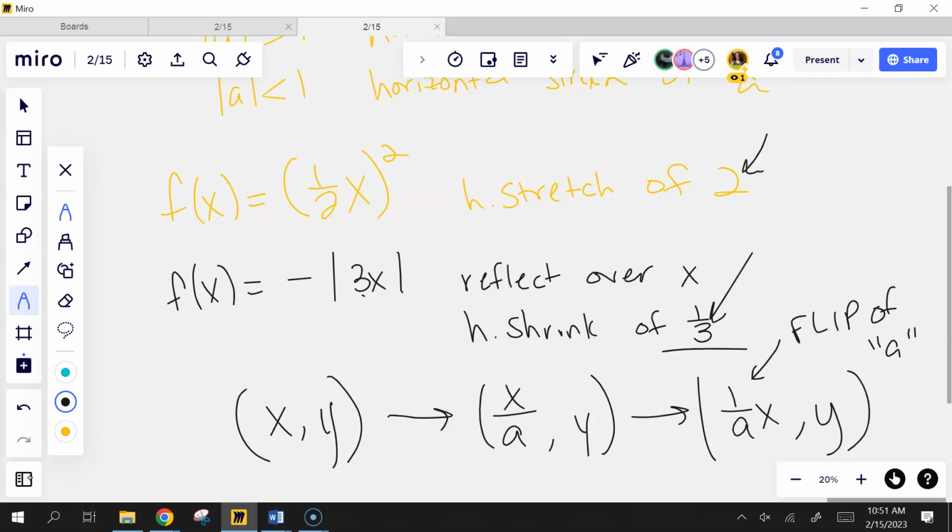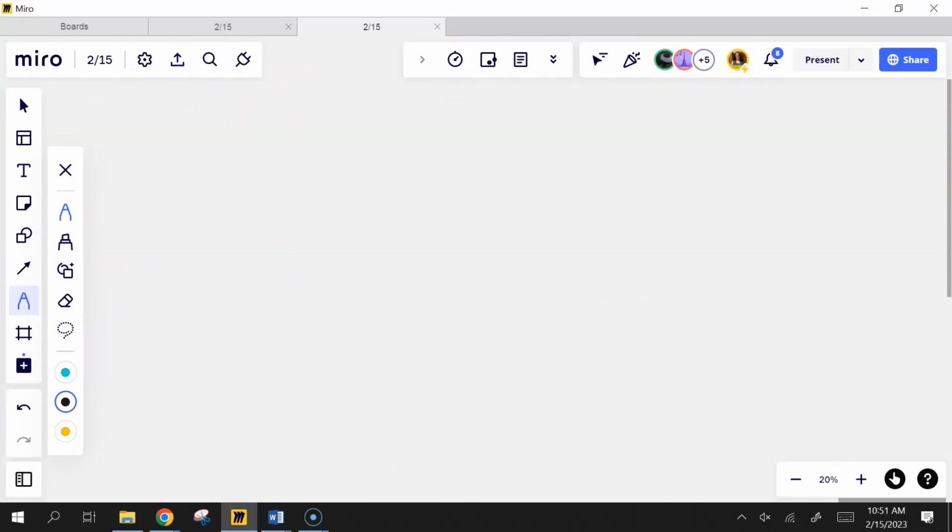So let me show you a couple examples. And let's see what happens. Horizontal is kind of difficult. You ready? Here we go. I'm almost done, I promise.